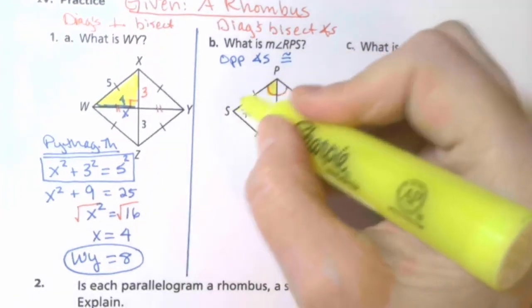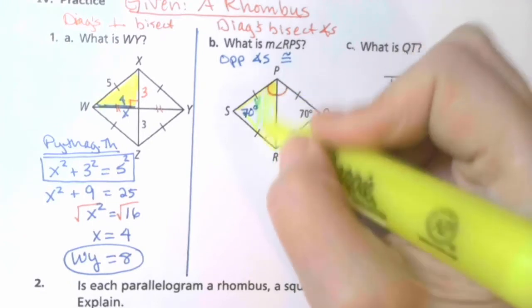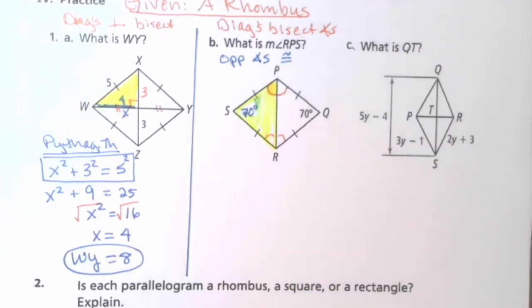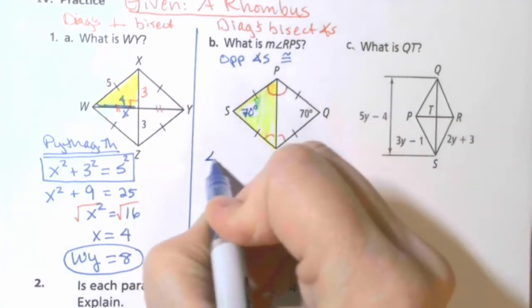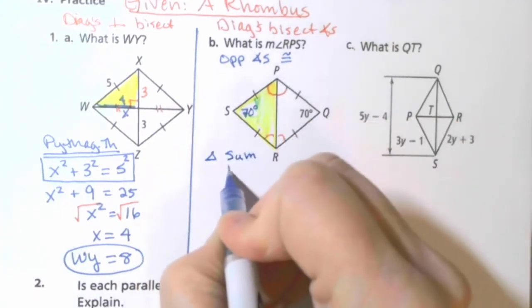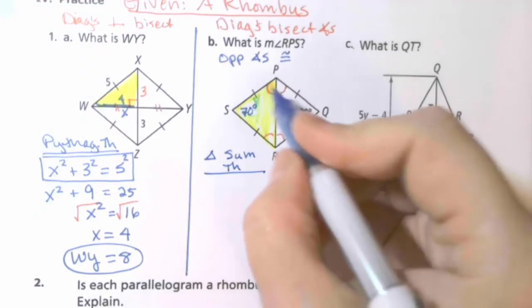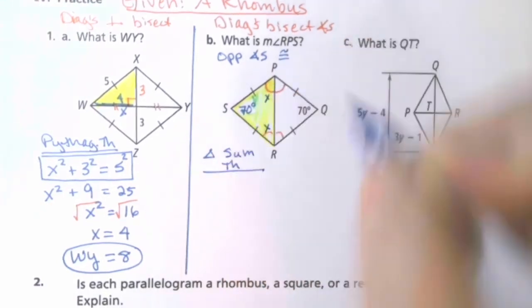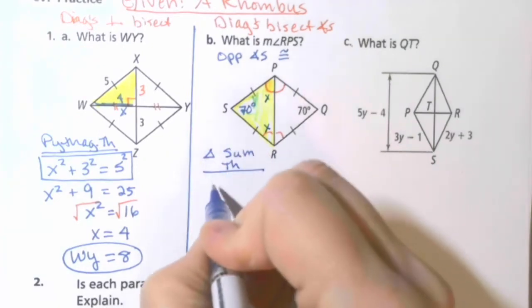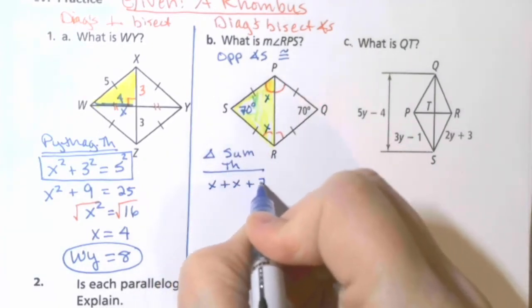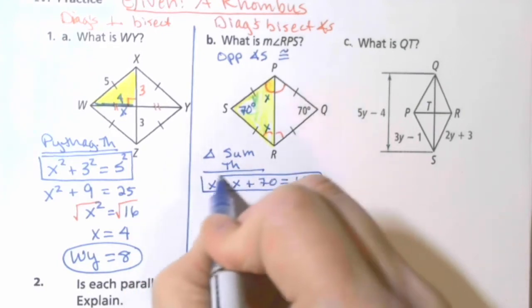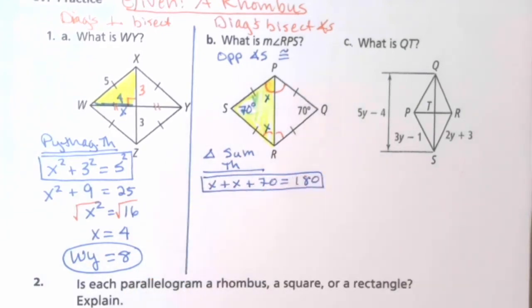So now I have a triangle with two congruent angles. So we're going to use Triangle Sum Theorem and say that these add up to 180. I'm going to call this one x and that one x. So x plus x plus 70 equals 180, Triangle Sum Theorem. And I'm going to solve for x.